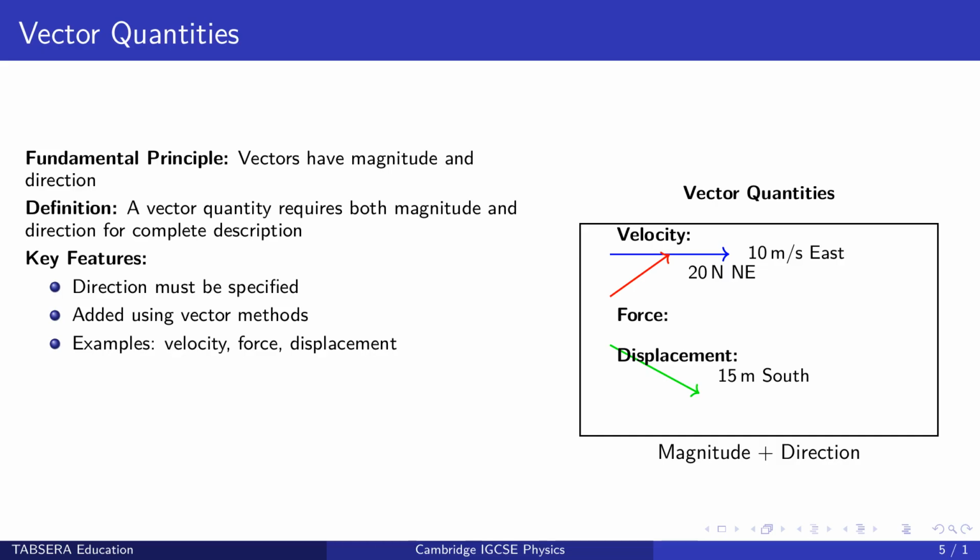Vectors are added using special vector methods, not ordinary arithmetic. And examples include velocity, force, and displacement. The diagram shows vector quantities with arrows indicating direction. Notice how each vector has magnitude, shown by arrow length, and direction, shown by arrow orientation. The blue arrow represents velocity of 10 meters per second eastward.